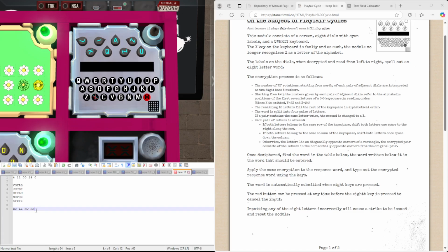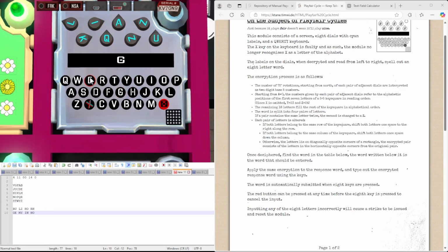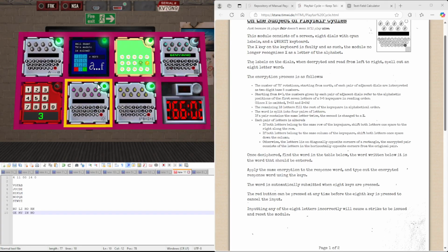And then encrypting using this, we get BU becomes GE, LZ becomes MY, HO becomes IN, and RN to row just wants to write, so NO. GEMYINNO. Okay.